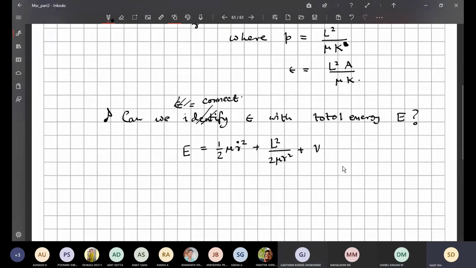I have given F of r equal to minus k by r squared. So this is nothing but minus dV by dr equal to minus k by r squared. Now tell me, what is your V? Minus k by r.